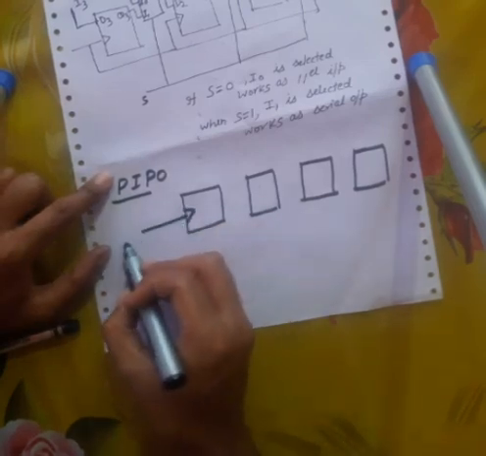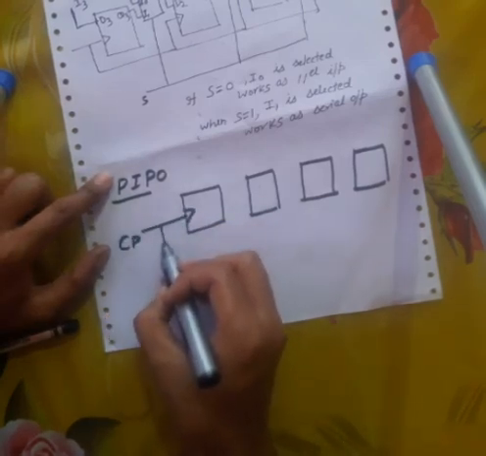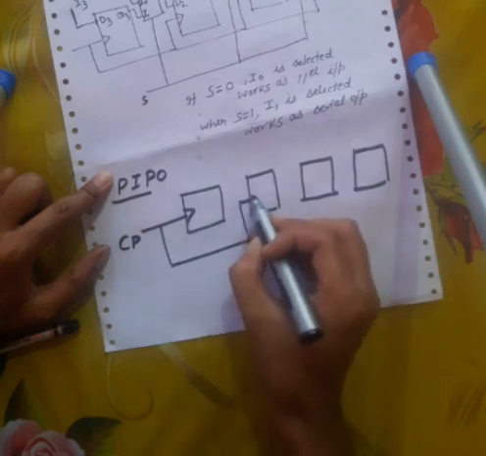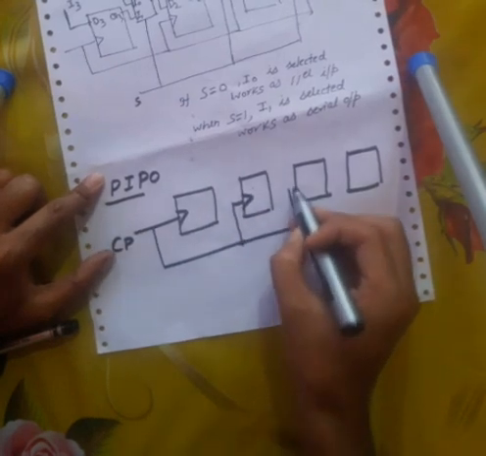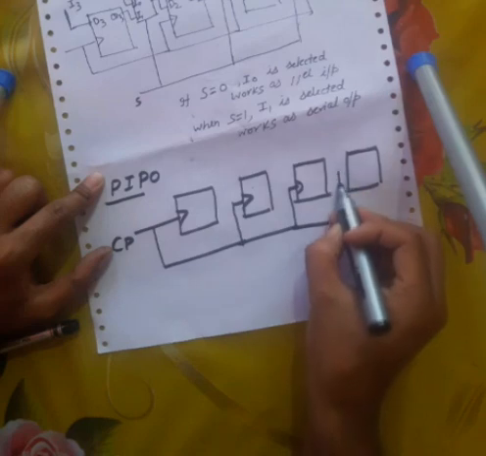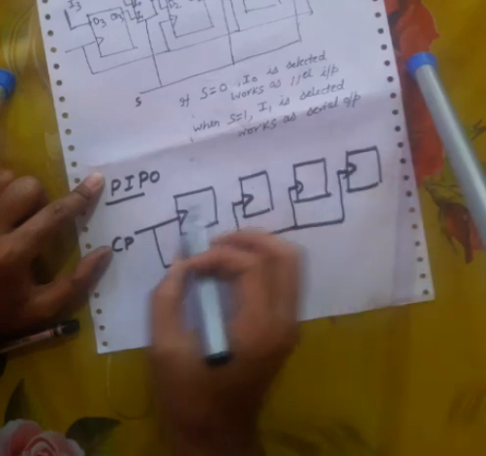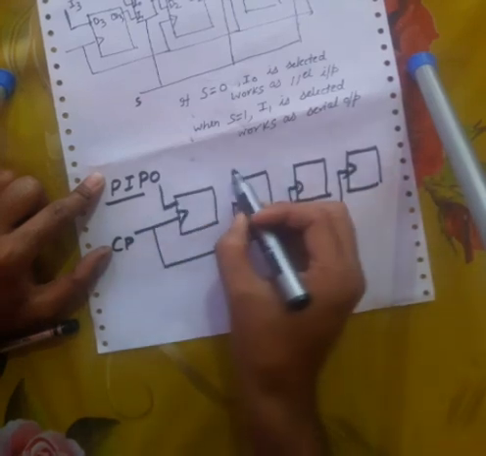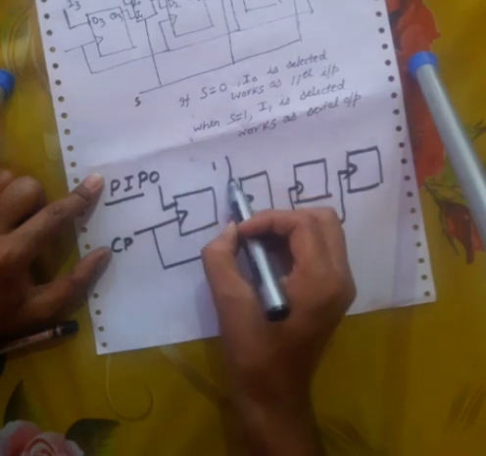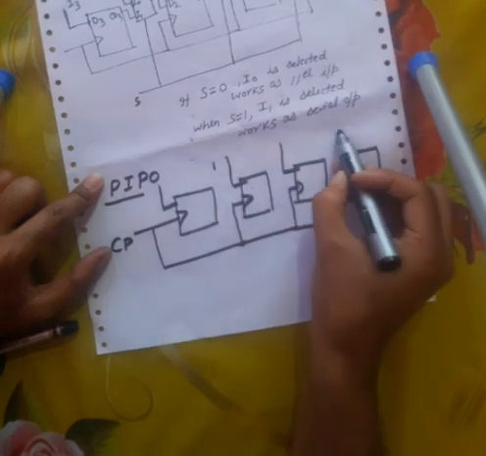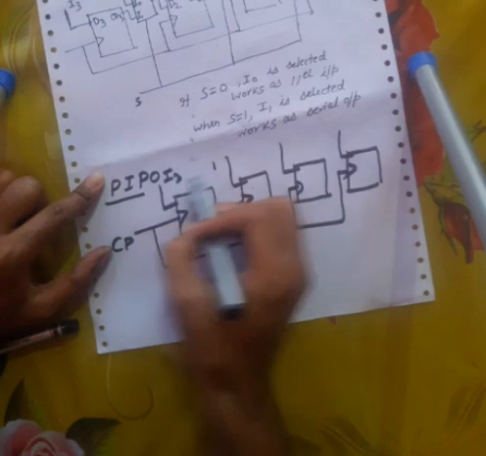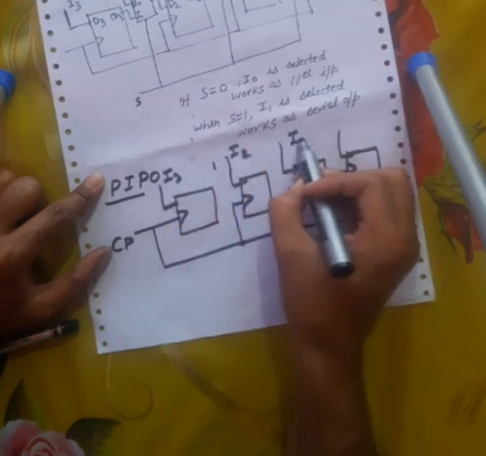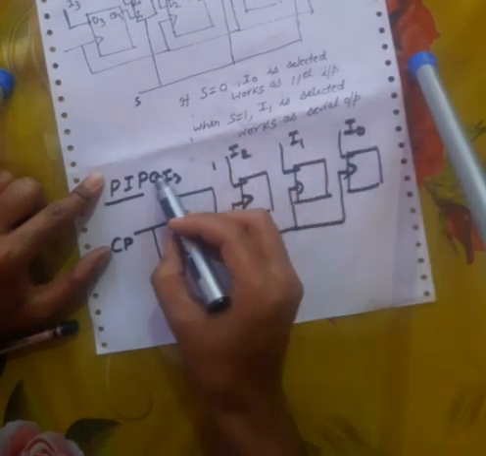Okay, this is your clock pulse and connect here. Now we will get I3, I2, I1 and I0, means I am giving data parallelly.